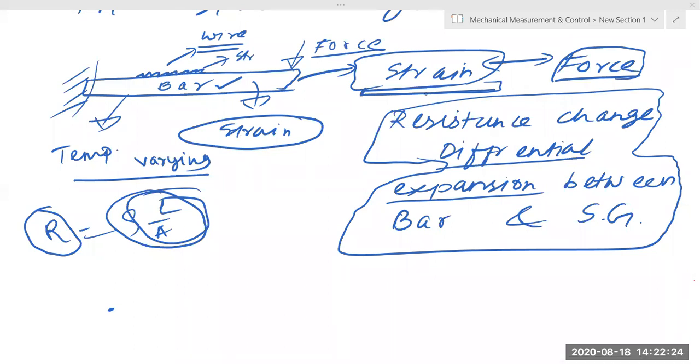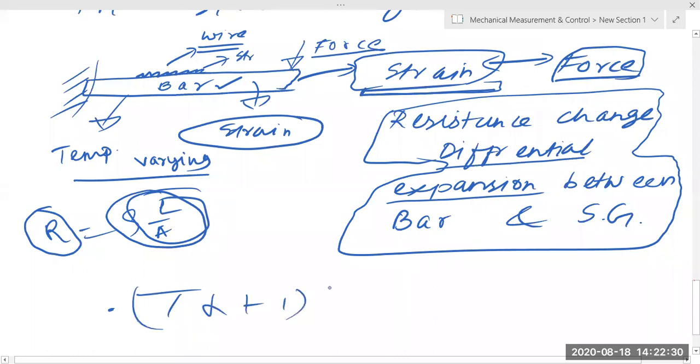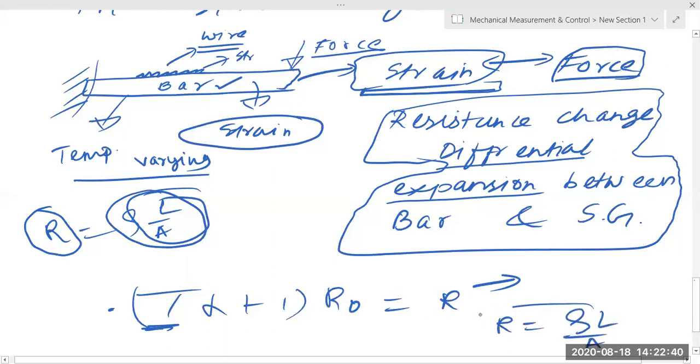Now listen, what did I tell you about temperature? R = R0(1 + alpha T), do you remember this formula? So this will lead to resistance change with temperature. Okay, and R = rho L / A. Here also there can be some kind of resistance change.